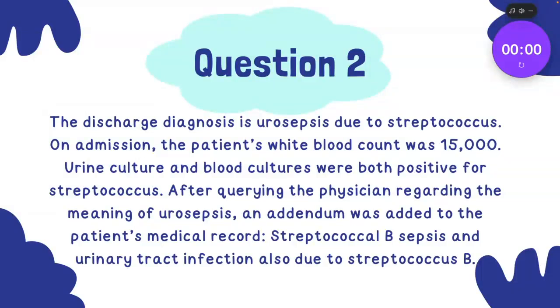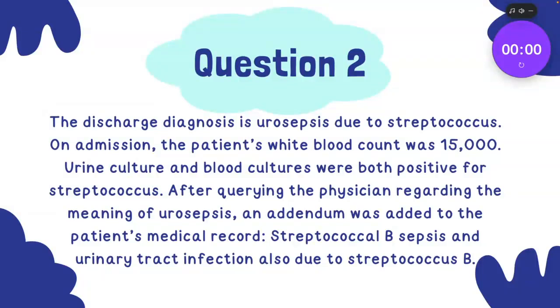So at 15,000, the patient's body has sensed that there was some foreign stuff going on in there, and it was like, whoa, whoa, whoa. Let's send the white blood cells to fight. So those are just some thoughts that came to mind for me.